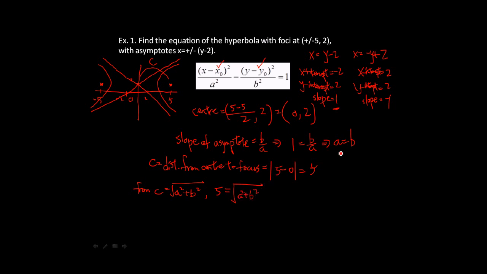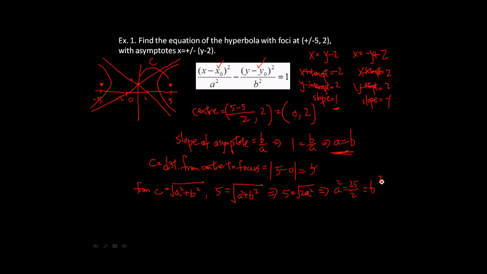Then from a equals to b, we can just make b as a, and we have 25 equal to 2a squared, which gives us a squared equal to 25 over 2, which happens to be b squared as well, because we know that a equals to b. Alright, b squared.